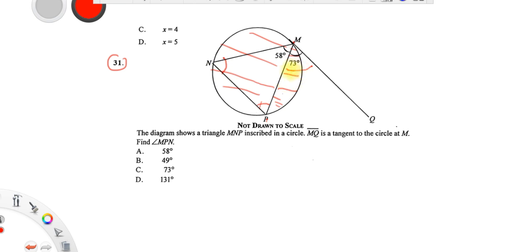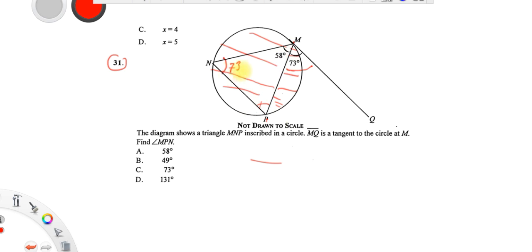So the alternate segment theorem is saying that the angle between this tangent and this chord must be equal to that angle. So this one is also 73 degrees, guys. We have to find angle MPN.